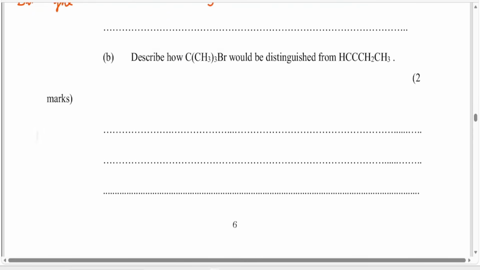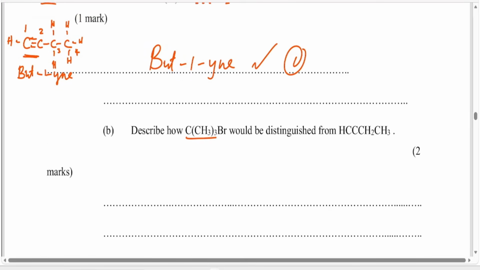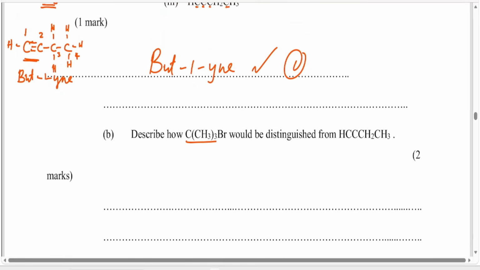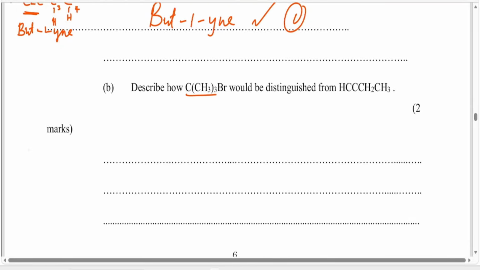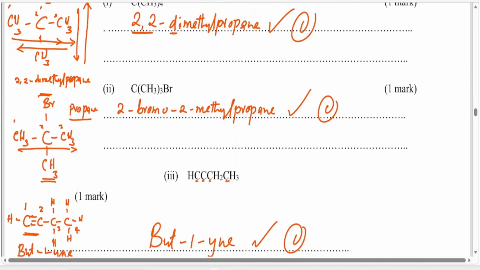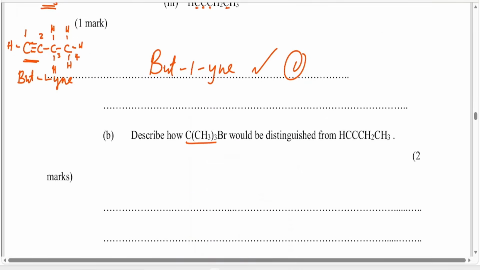Part B of this question: describe how this formula that we have said is 2,2-dimethyl or 2-bromo-2-methyl propane is distinguished from the but-1-yne that we have. We need to understand that the 2-bromo-2-methyl propane is an alkane.